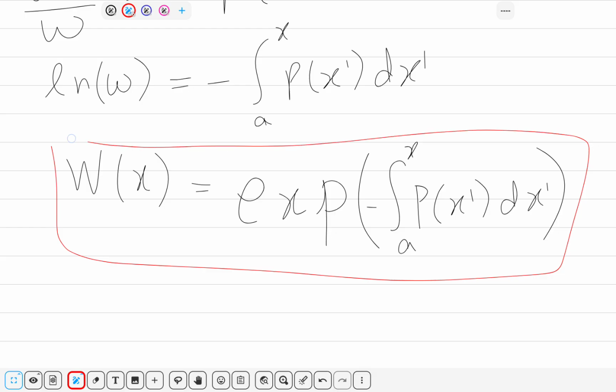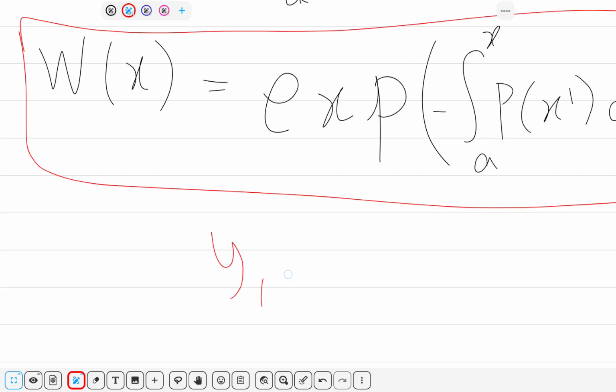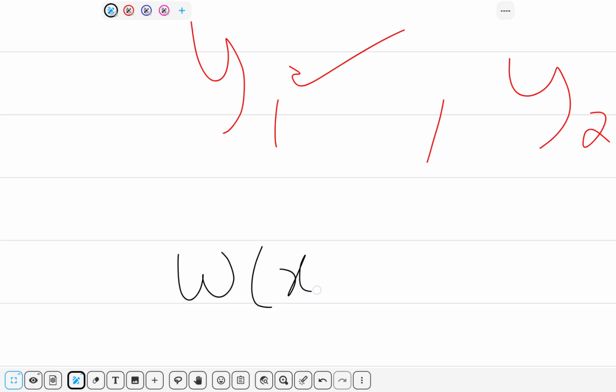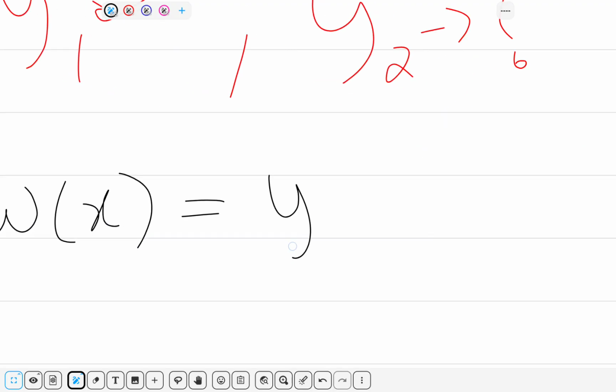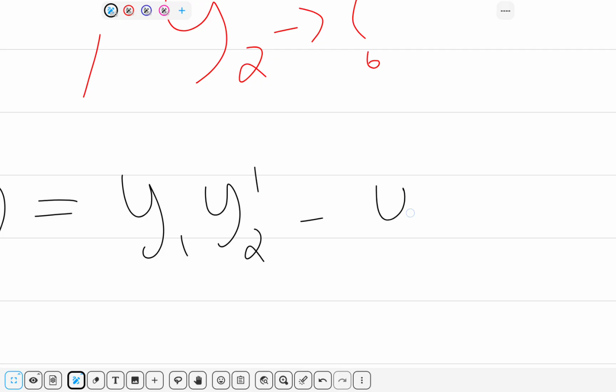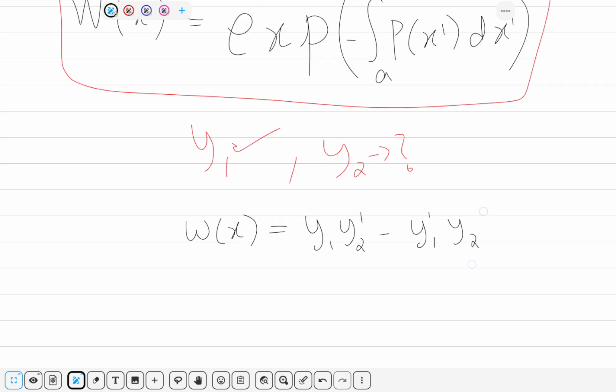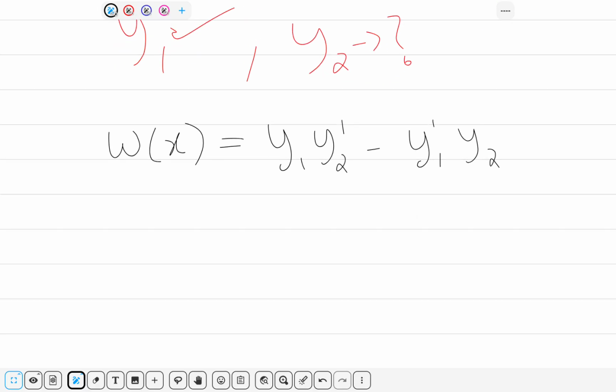And the even crazier fact is, suppose I know one of the solutions y1 and I want to find what is y2. I can do that using this relationship now, because I know that my Wronskian is equal to y1 y2 prime minus y1 prime y2, and so what more can I do?